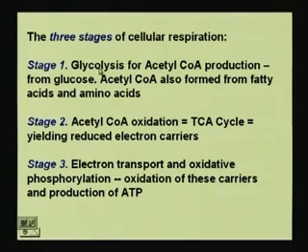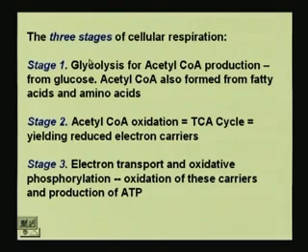We have already seen the breakdown of glucose to pyruvate, and we will see now how pyruvate gets to acetyl coenzyme A, that then gets into the tricarboxylic acid cycle, which eventually leads to the production of carbon dioxide. And we have already considered the third step, where we have electron transport and oxidative phosphorylation that leads to the production of ATP.